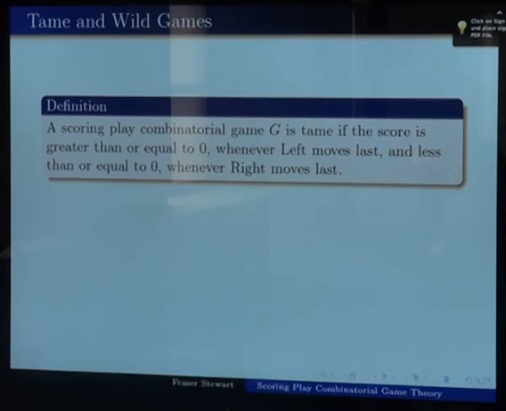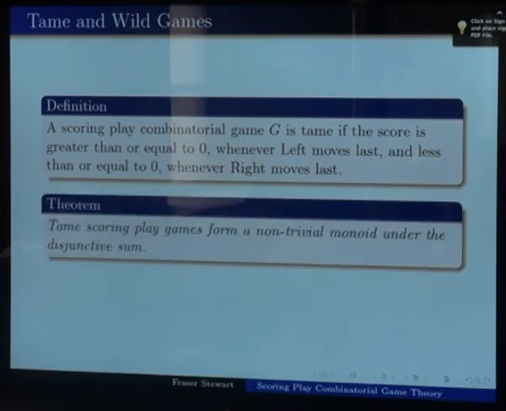What I said was, let's look at what you might expect a set of scoring games which have the appearance of normal play to look like. So we define some set to be the set of all games where the score is greater than or equal to 0 whenever left moves last, and less than or equal to 0 whenever right moves last. In other words, moving last is always your best strategy.